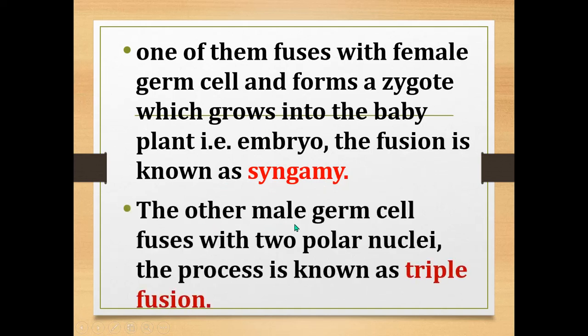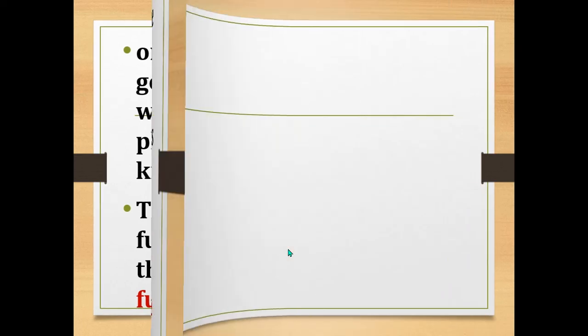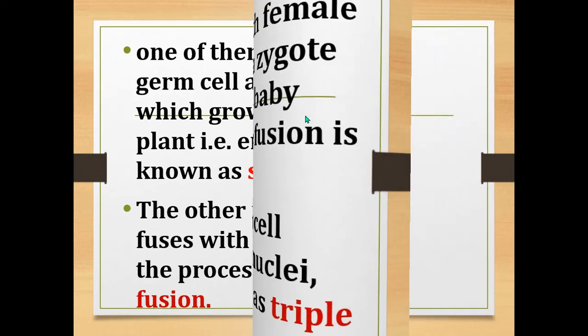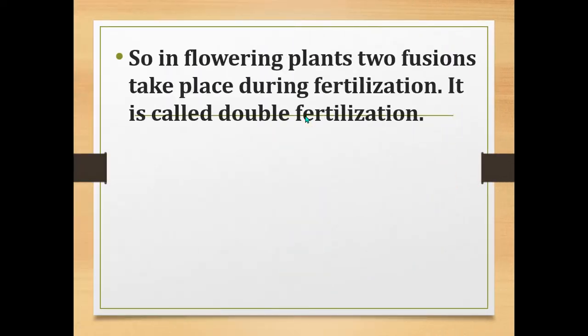The other male germ cell will fuse with the two polar nuclei which are present in the ovule, and that process is known as triple fusion. So, in flowering plants, two fusions take place during fertilization. So, it is called double fertilization.